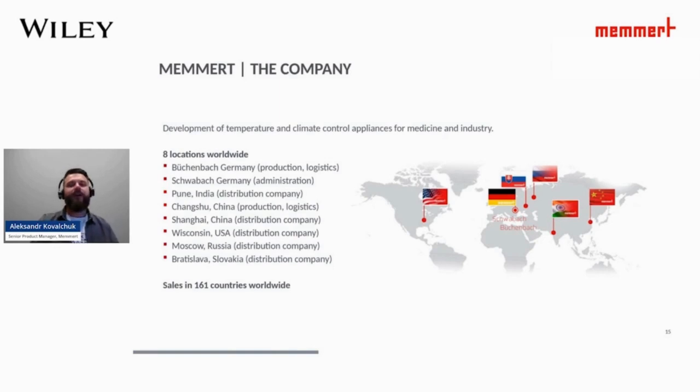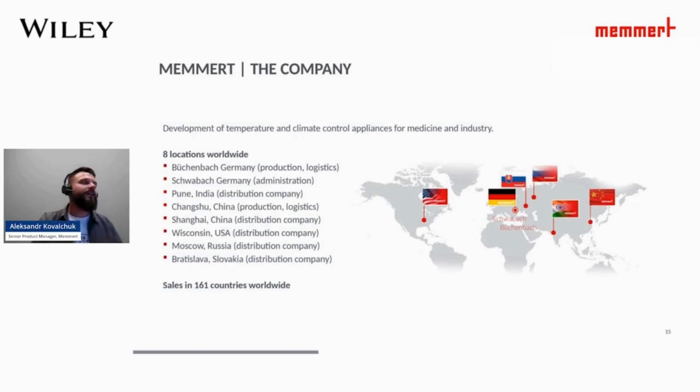Now we have 2 production facilities in Germany located in Schwabach and Büchenbach, and also sales representative companies in several countries such as China, India, a Central European office in Bratislava, and of course the subsidiary office in the United States.